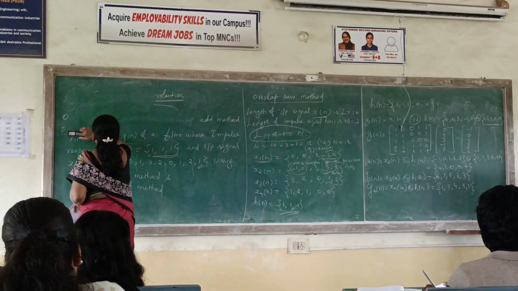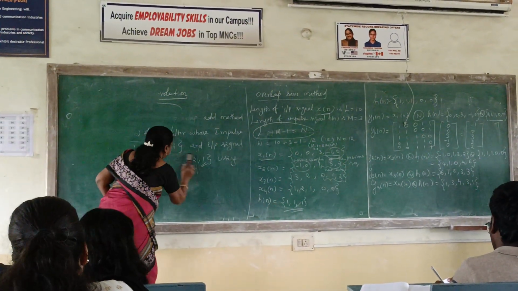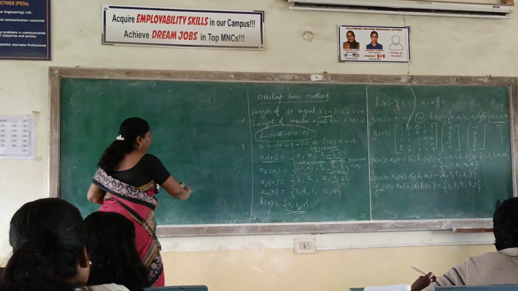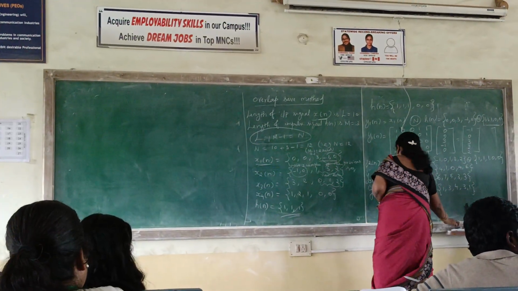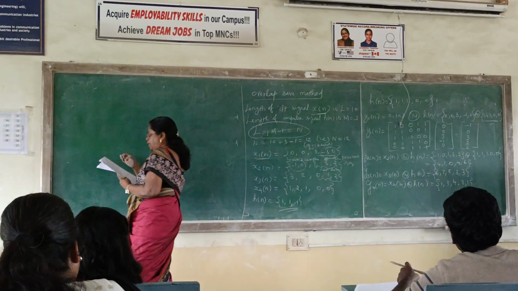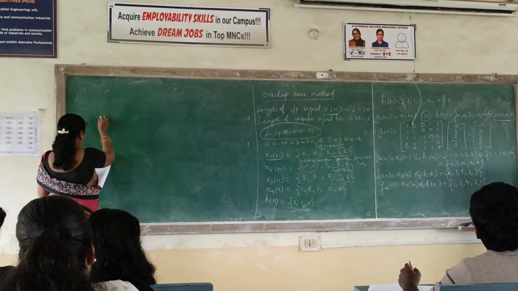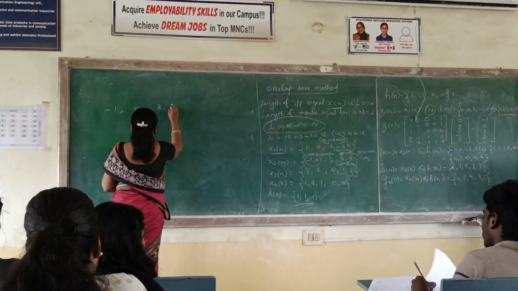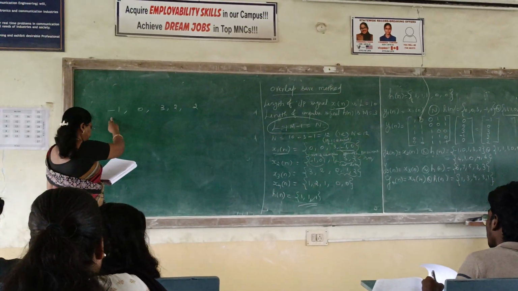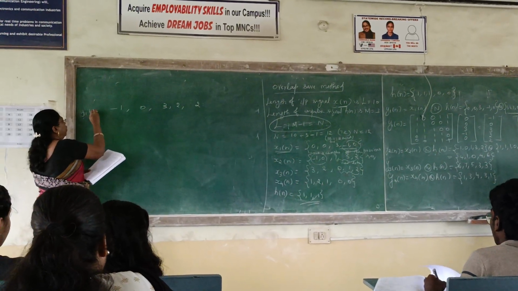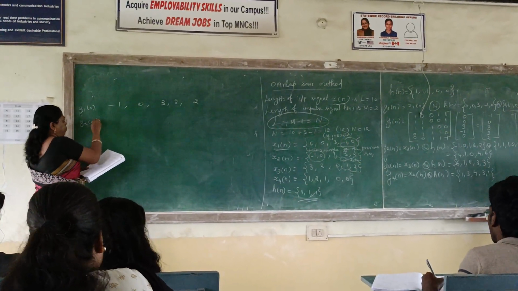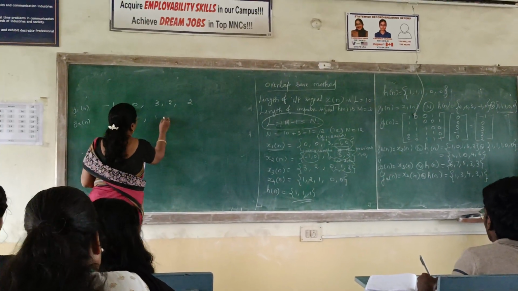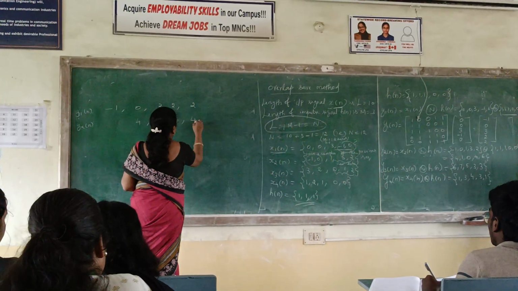So at last, you have to write the final answer over here. You see that y1 of n is minus 1, 0, 3, 2, 2. I think this is y1 of n. What is y2 of n? Y2 of n is 4, 1, 0, 4, 6.